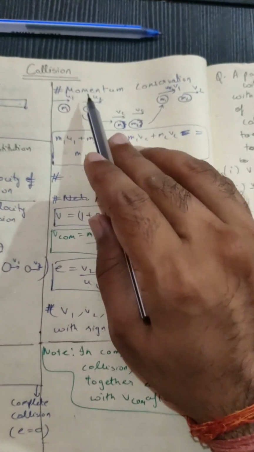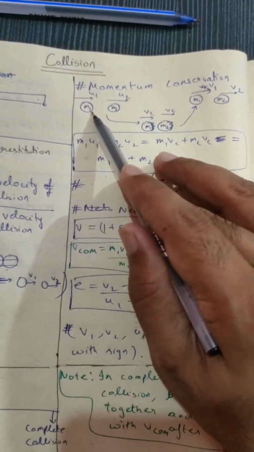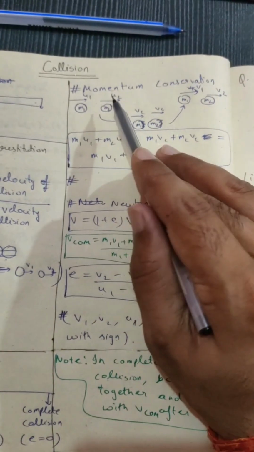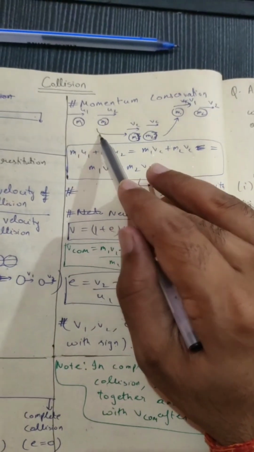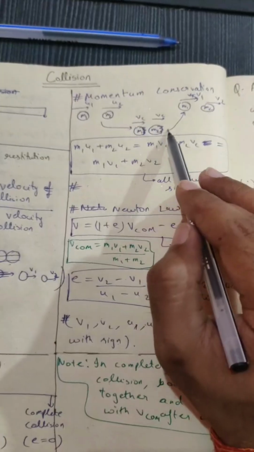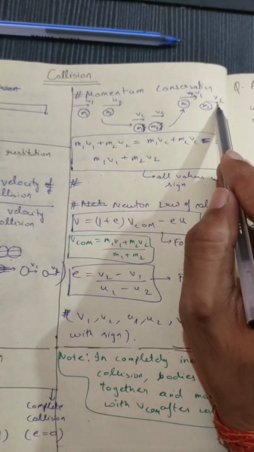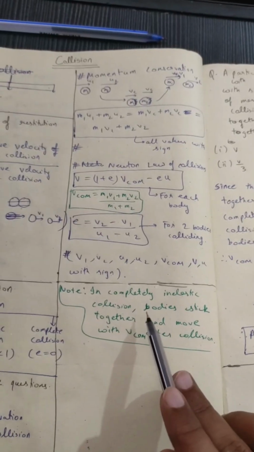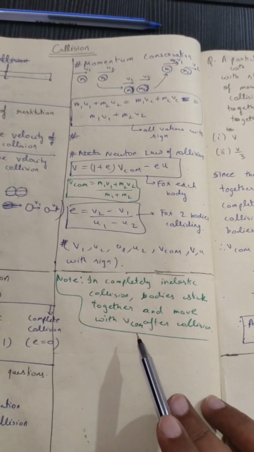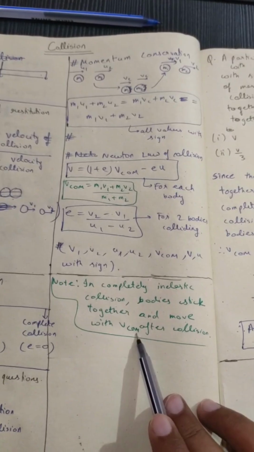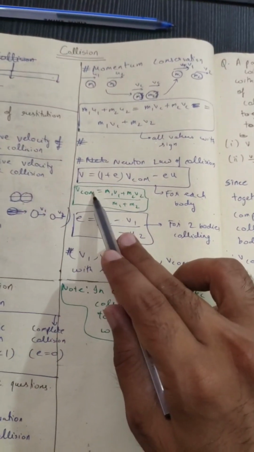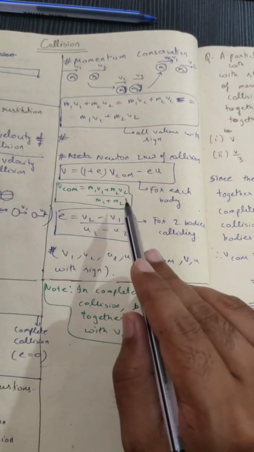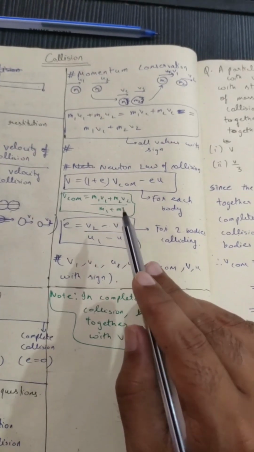Let's say in this example we have two balls m1 and m2 going with u1 and u2. After the collision, they would normally move differently with different velocities v1 and v2. But in a completely inelastic collision, they move together with a velocity equal to the center of mass velocity, which is m1 v1 plus m2 v2 upon m1 plus m2.